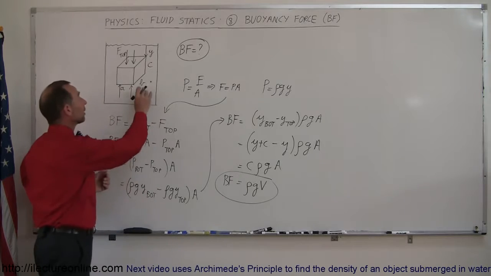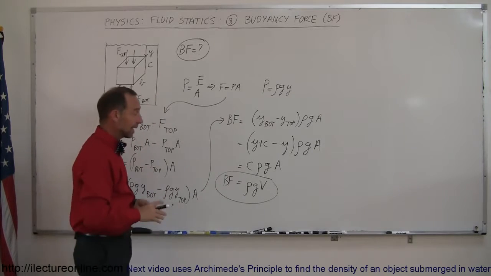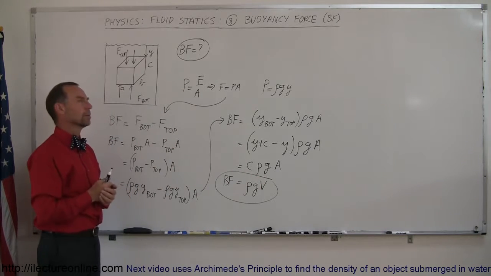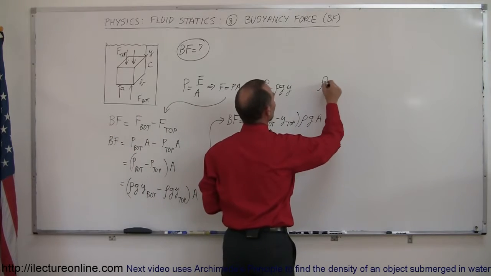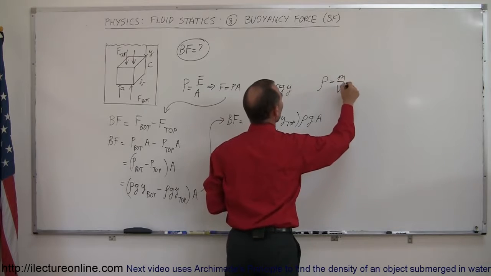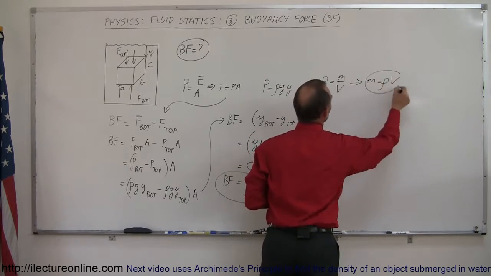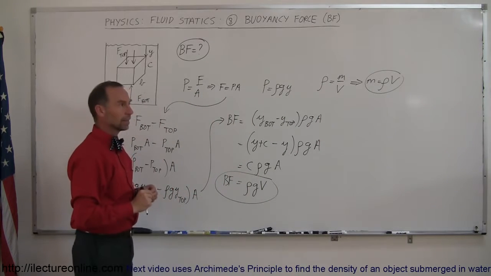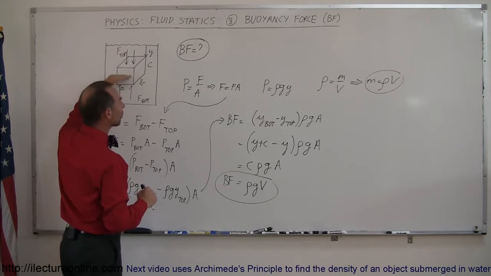Rho is the density of the liquid, g is acceleration due to gravity, and V is the volume of the cube. Now, density times volume. We have another equation: density, by definition, is mass divided by volume, so the mass is equal to the density times the volume. That means density times volume is equal to the mass of the liquid that was there before we put the cube in.